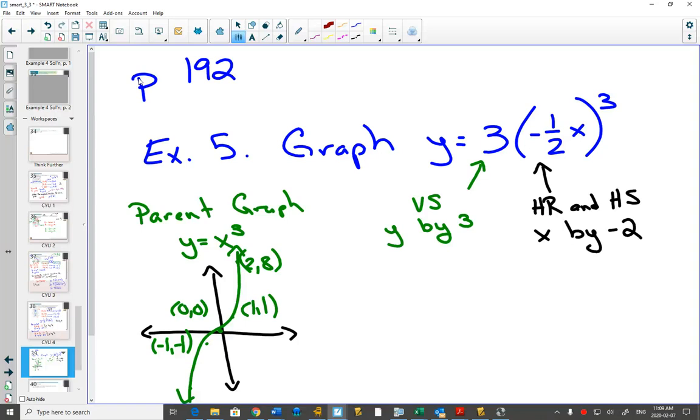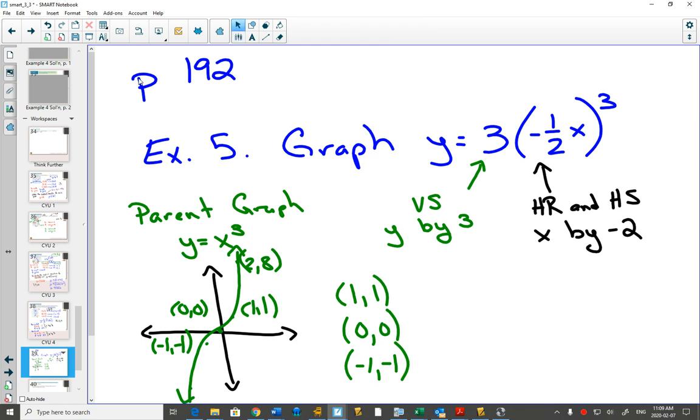So considering that, we now say, well, I can take some of my original points. Maybe I choose 1, 1, 0, 0, and -1, -1. Draw my arrows to say those points are going to change.